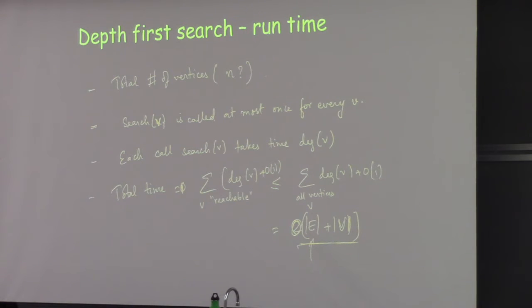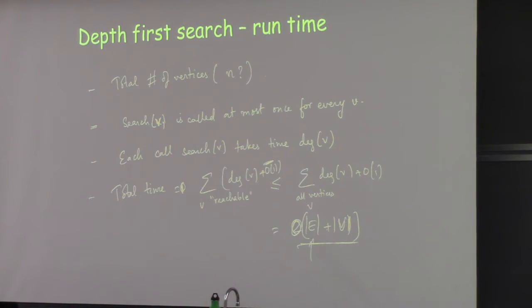So I just wanted you to be aware that there's always some overhead. Once you call search on a vertex, there is something that happens, even if it has no edges. So that's why I have this O of 1. Okay, any other questions? So this is a very simple linear time algorithm.